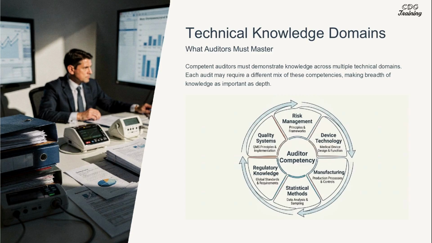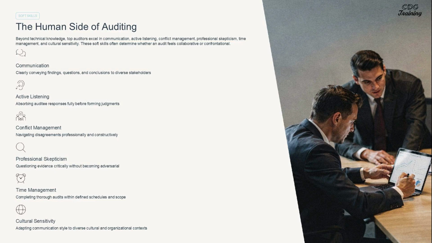Competent auditors must demonstrate knowledge across multiple technical domains. This breadth of knowledge is crucial for adapting to the diverse challenges of each audit. Top auditors excel in communication, active listening, conflict management, and cultural sensitivity. These soft skills are essential for navigating the complexities of auditing environments.